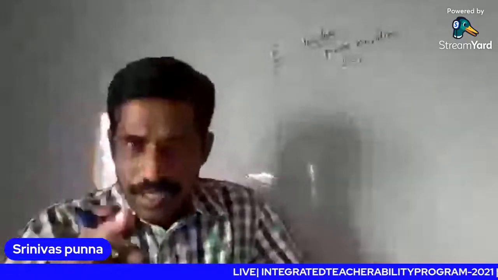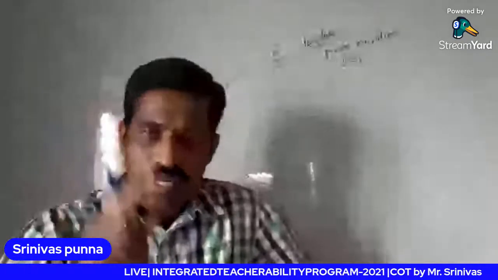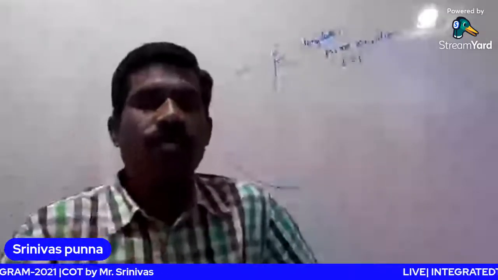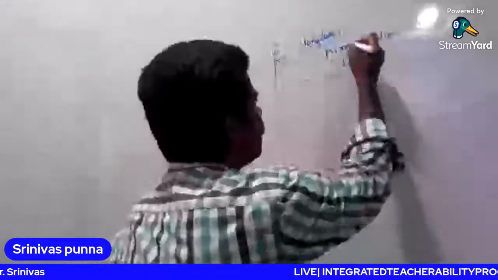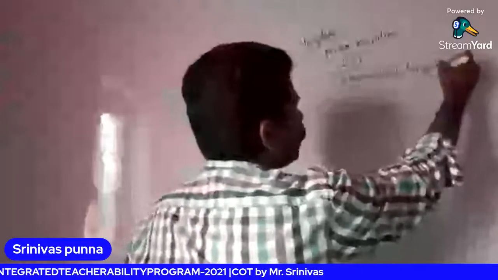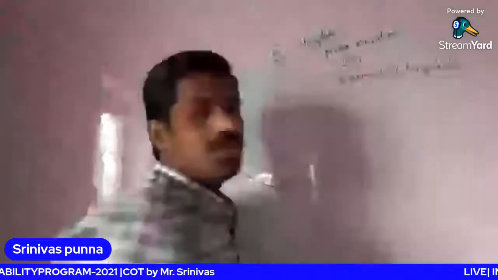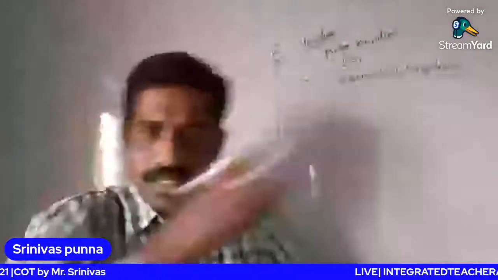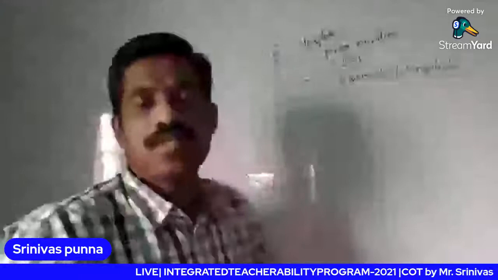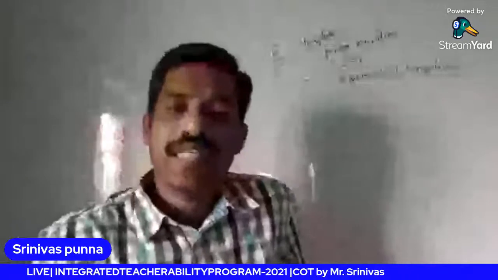The 0 degree longitude is known as the prime meridian. Another name for this 0 degree is the Greenwich longitude. As this 0 degree line passes through a place called Greenwich in England, we call it the Greenwich longitude.